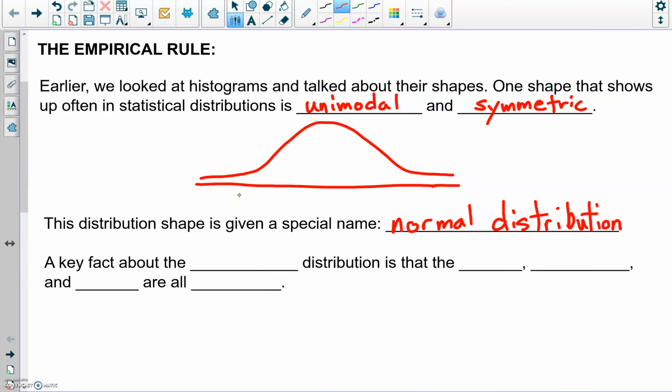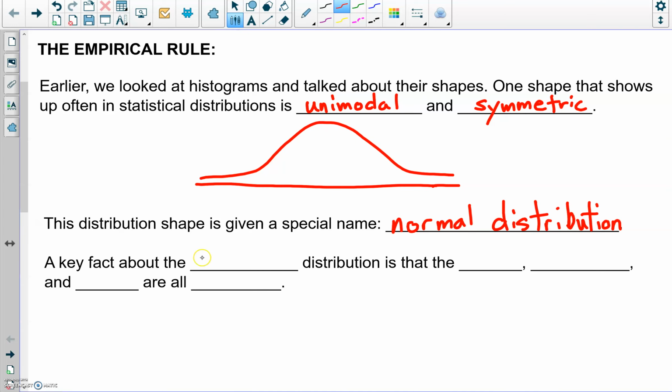You have about as many that are lower than normal as are higher than normal. So that shows up all over the place, especially in nature characteristics, when you start measuring them and putting them into histograms. That's one of the reasons why statisticians are so enamored with it. It shows up all over the place.